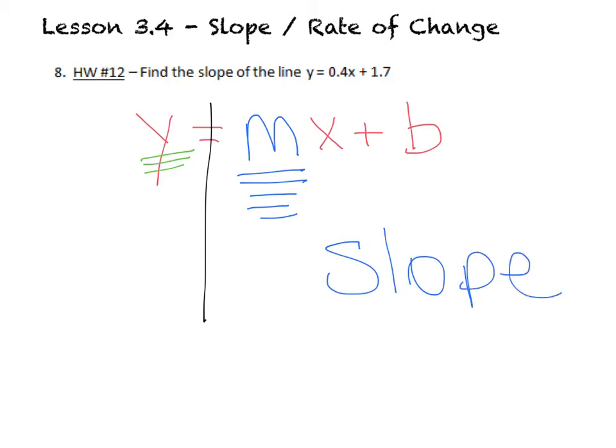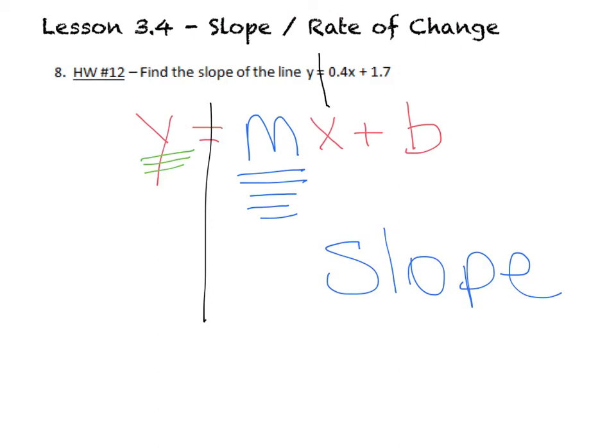So let's recap. If y is by itself, then all you have to do is look at the number that's in front of x, the number that's attached to x, that's called our coefficient, and that is always your slope. It's as easy as that. There's nothing else you have to do. So in this problem right here, it might be our easiest problem of the day. We just look at it.